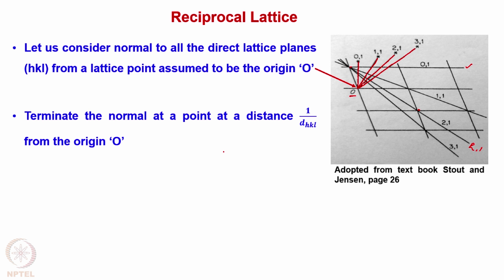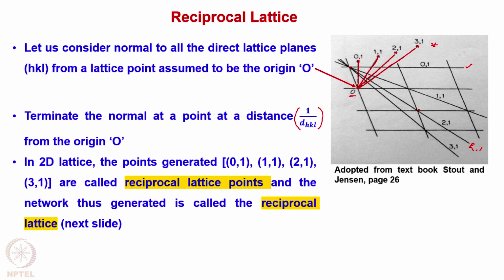After drawing these perpendiculars to the direct lattice planes, we terminate each of them at the points marked as star, at a distance equal to 1 by d_hk. That means the distance between the set of 0, 1 planes is d_01, so we cut it at a distance 1 by d_01 from the origin O.